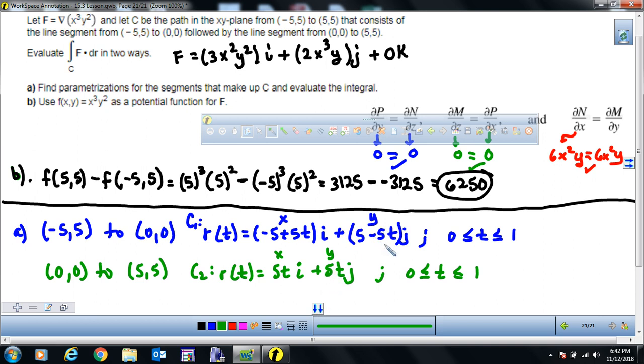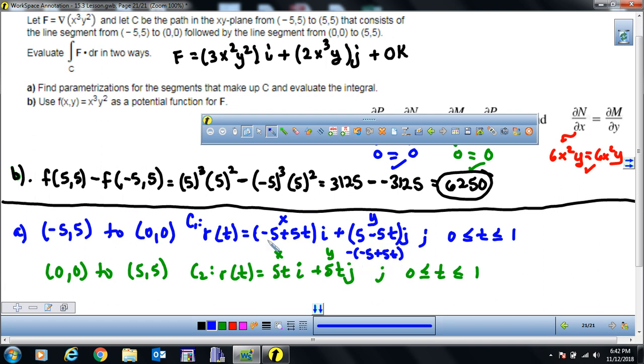I just want to point something out, that these two are basically the same thing, because it's going to make it easy. But this is just the same as negative 5, negative times negative 5 plus t, right? Negative 5 plus 5t, I'm sorry.